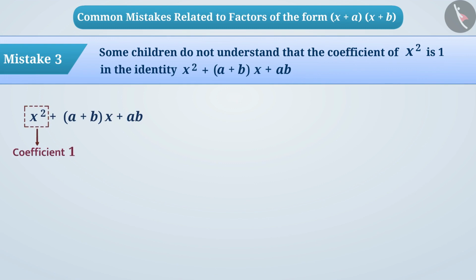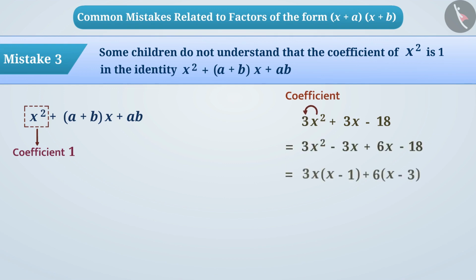If children are asked to factorize the algebraic expression 3x² + 3x - 18, then they do not pay attention to the coefficient of x², that is 3. They keep it as it is, but at times they reach a situation when they cannot simplify further, so they think that the given expression cannot be factorized.